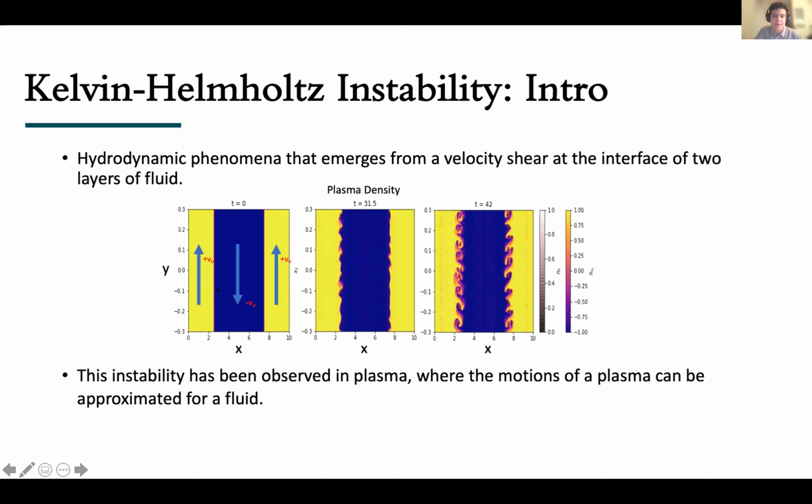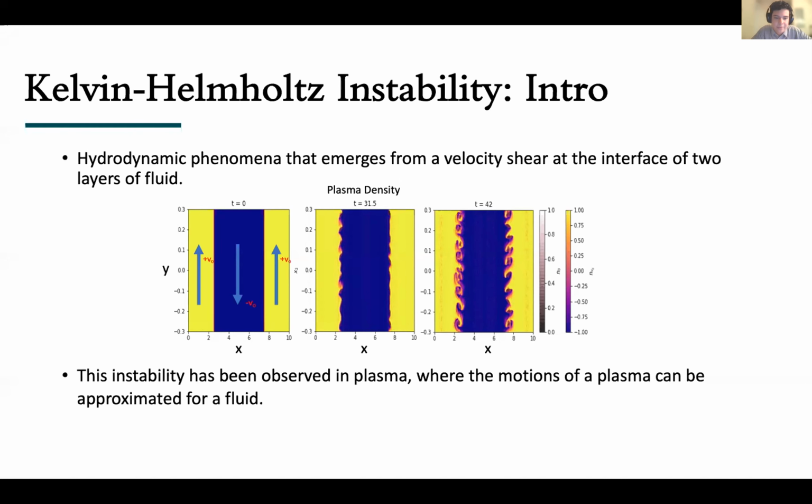Because of this velocity shear at the interface between these two layers of plasma, we can get the Kelvin-Helmholtz instability. On the right, we can see the characteristic Kelvin-Helmholtz waves, as well as vortices that emerge, and mixing at this interface.